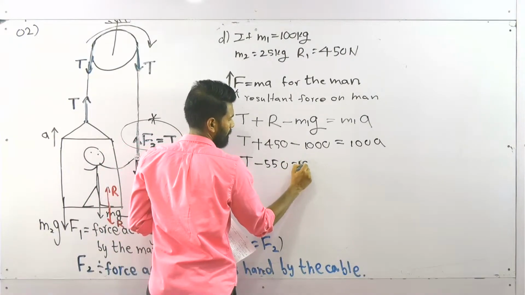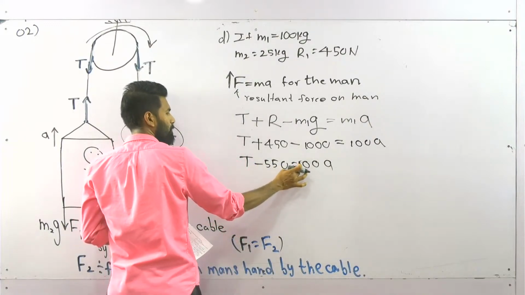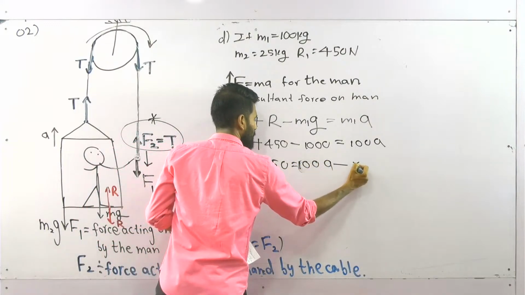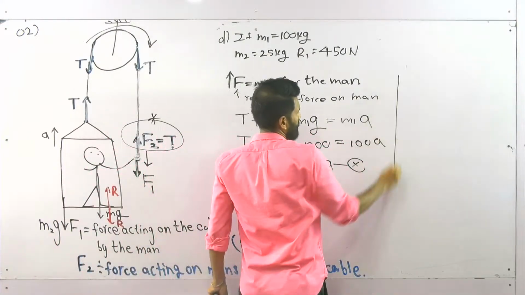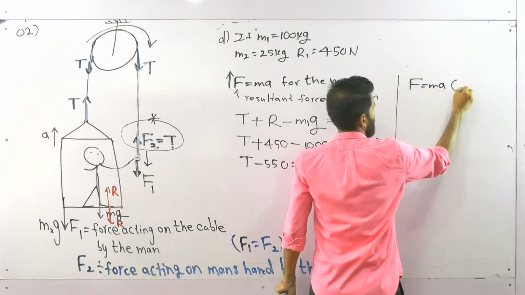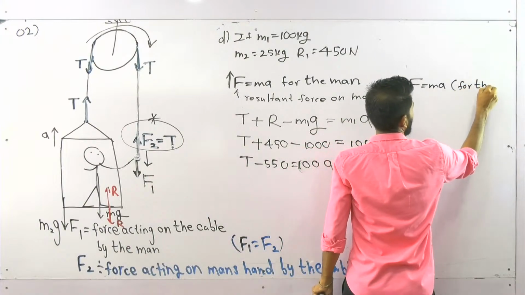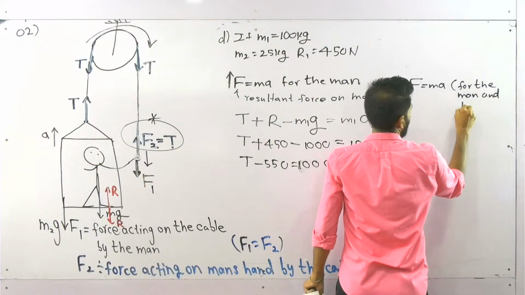That's my first equation. Okay, T minus 550 is equal to 100A. And I'm going to apply F equals MA again, for the man and the lift.